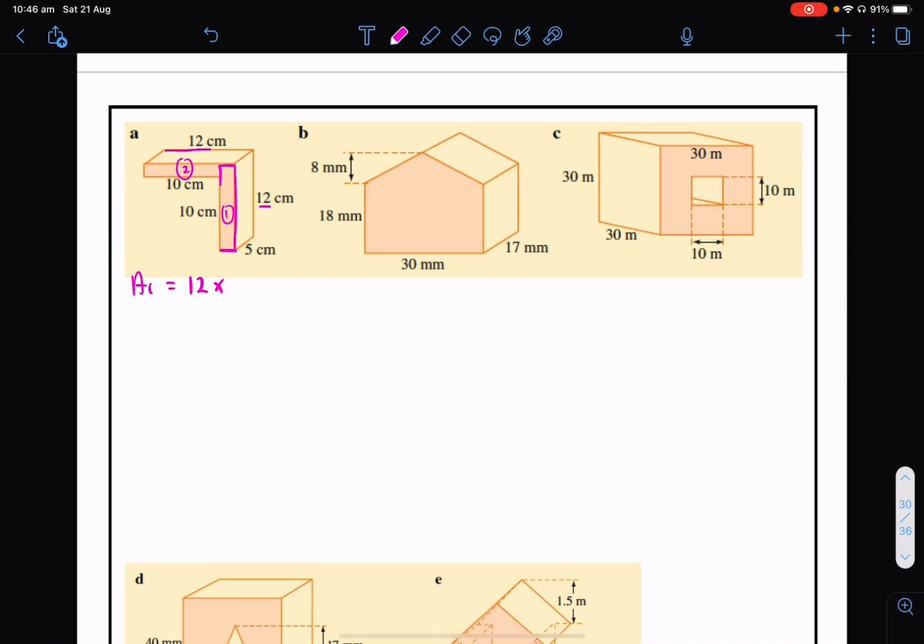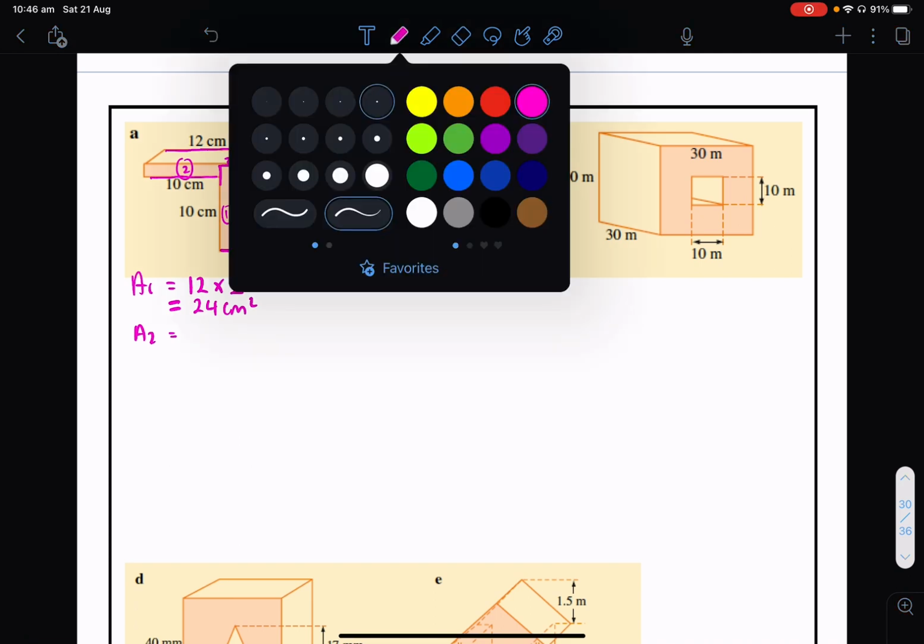So up here I've got this distance here is 12 and this distance here is 10, so I know that that's 2. So it's going to be 12 times 2. So 12 times 2 gives me 24 centimeters squared. Then area 2 is the second rectangle up the top there. So it's going to be, I will do it in a different color.